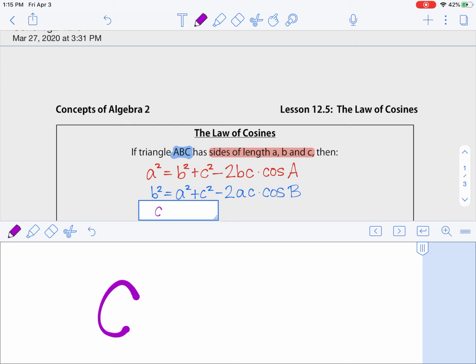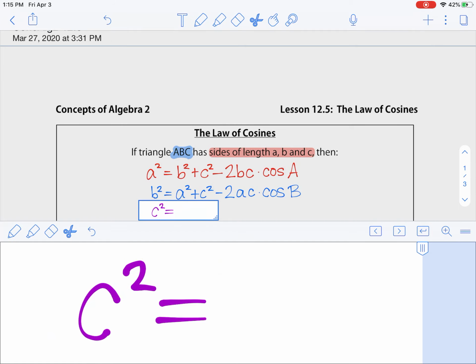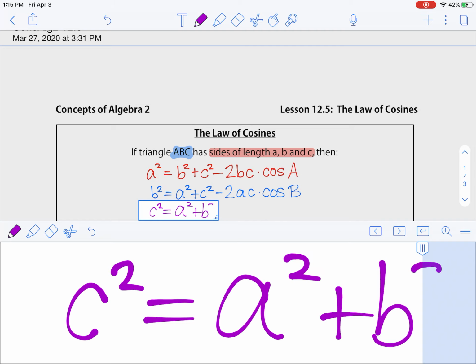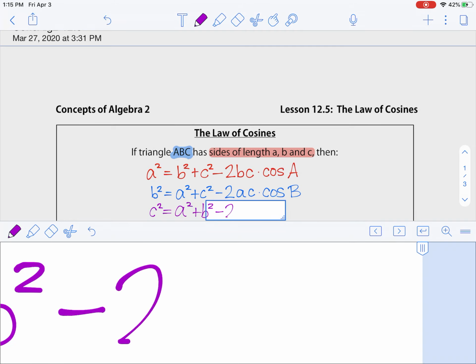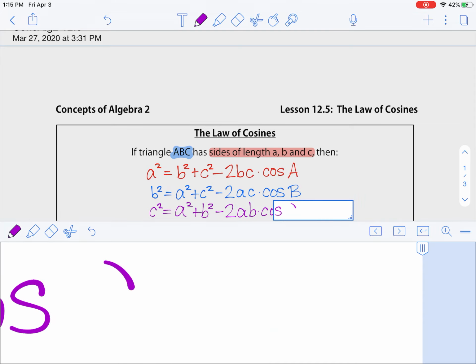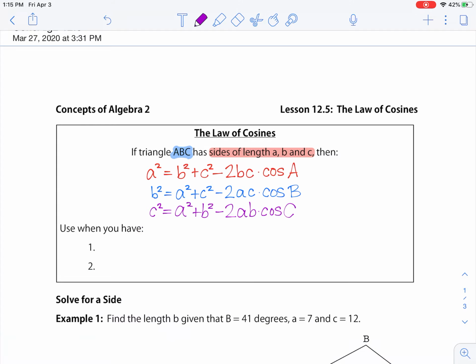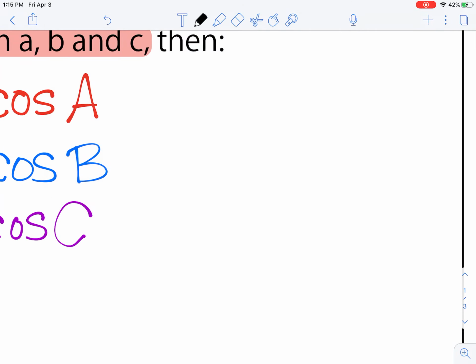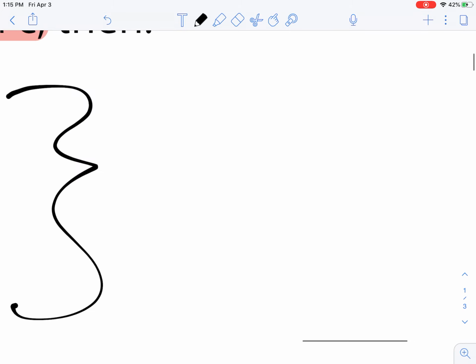If we were trying to find side c or angle C, we would say c squared equals a squared plus b squared minus 2 times a times b times the cosine of angle C. So there's your three options. You'll never use more than one. Every time we start a problem, our goal is to choose one.